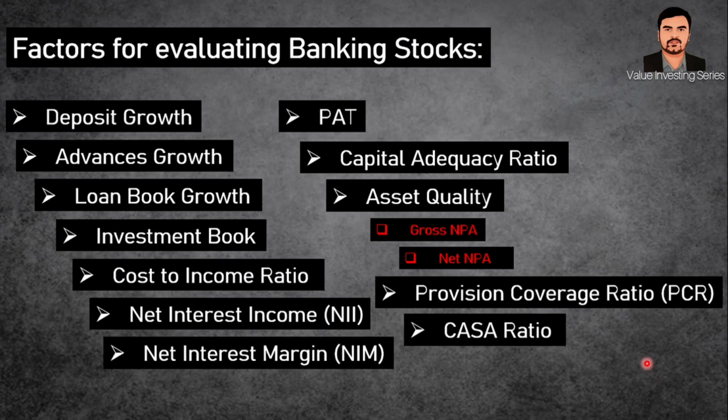Now, getting into the next important topic, which is the CASA ratio. CASA ratio is the current account savings account ratio. So what is that? As I told, the current account has no interest to be paid out for the deposits taken by the bank from the depositors, and for a savings account, obviously the bank has to pay interest. That includes your FD, normal savings account, the RD, and other deposits.